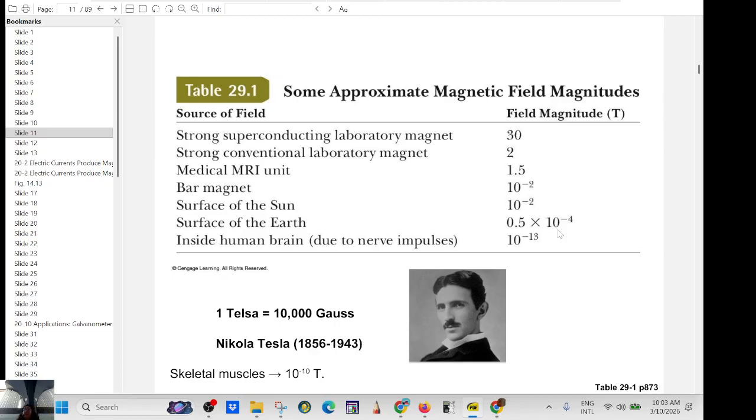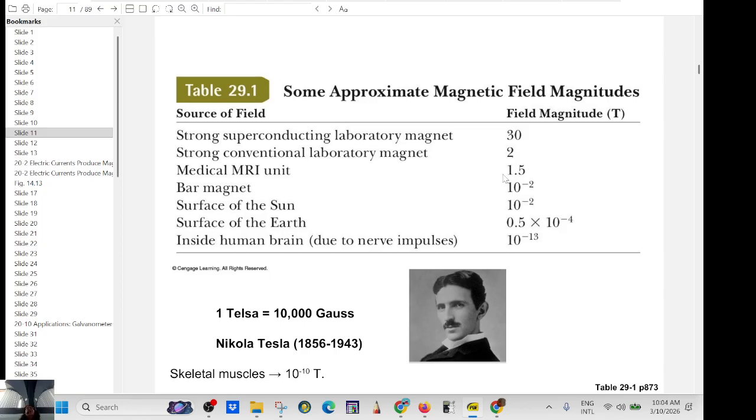That will be better to say. So 10 to the negative 4 Tesla will be 1 Gauss. Okay, so it's a subunit. 1 Tesla is 10,000 Gauss. So the Earth is 0.5 Gauss. Usually the magnetic field of a bar magnet is going to be very weak in Tesla. MRI machine, 1.5 Tesla.